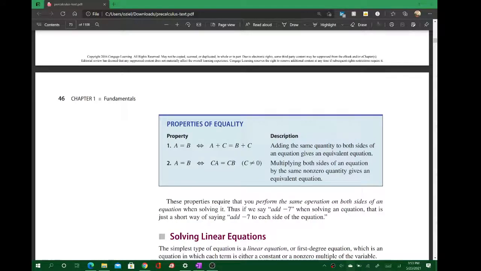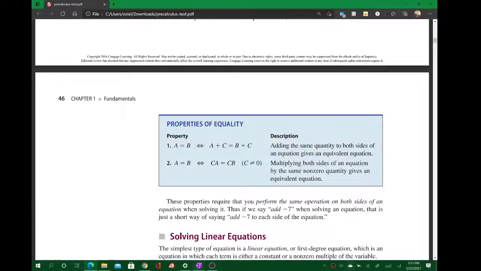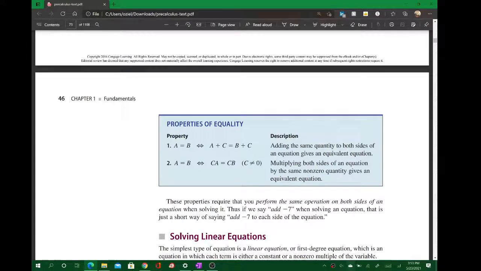Anything you add to a variable, like if x equals y, and I add z, then x plus z will also equal y plus z. That's an algebraic property. It's the addition or subtraction property of equality.